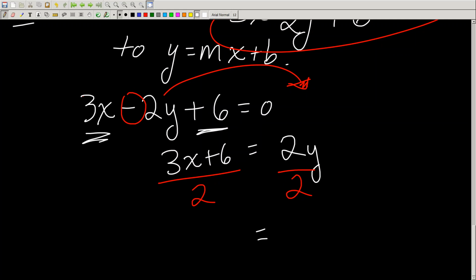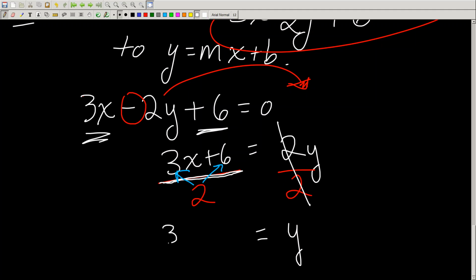And you know what's exciting about the right side here? The 2's cancel, and I've got y by itself. Beauty. And then, you see this dividing line and how it covers both 3x and 6? Well, that means that this 2 divides individually to each term. Let me use a different color here. It divides individually to each term, both to the 3 and to the 6.